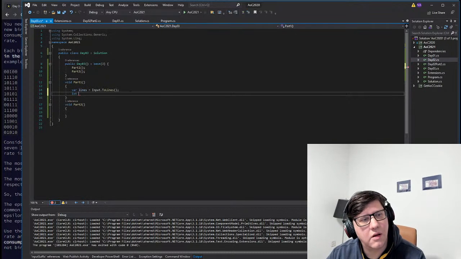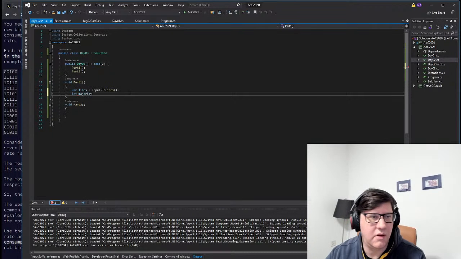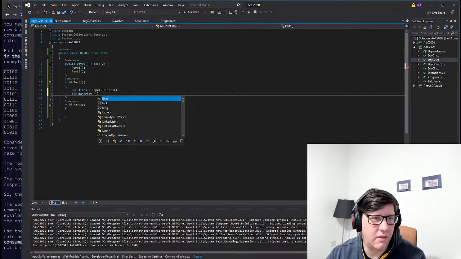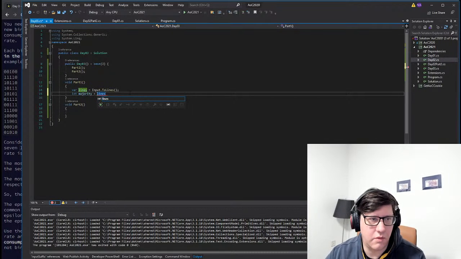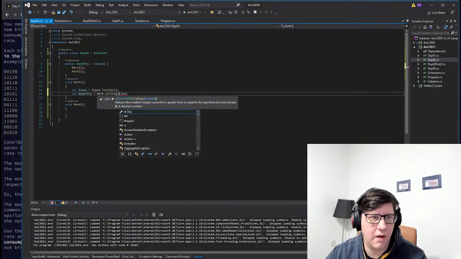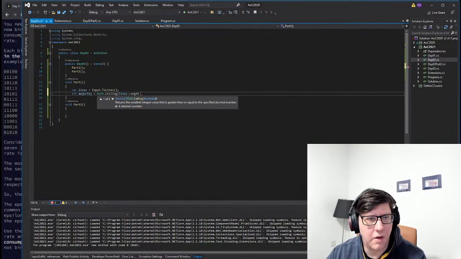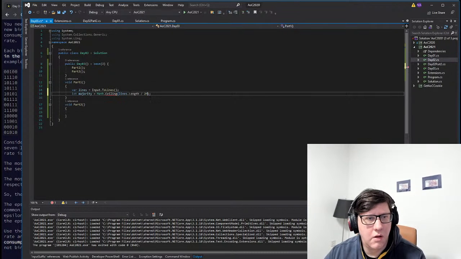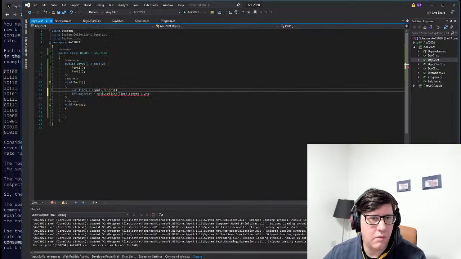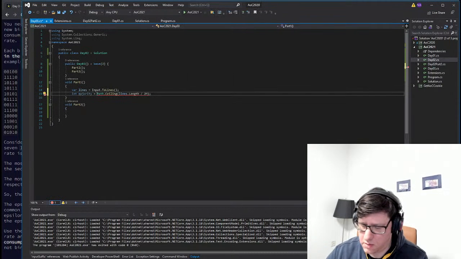Let's see. Majority equals lines. So this will be math.ceiling lines.count length actually divided by 2. And we convert this to an int.